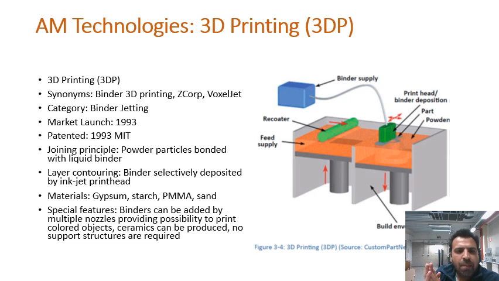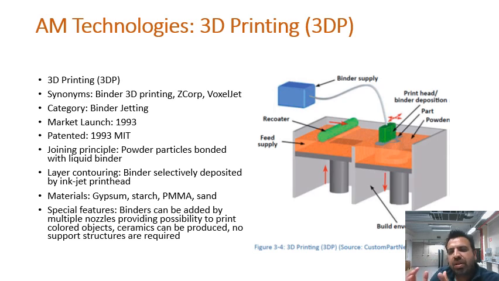Layer contouring is performed by selectively depositing the binder on the powder layers. So it has some similarity with the selective laser melting, where the powder layers are bonded by local melting of the powder.